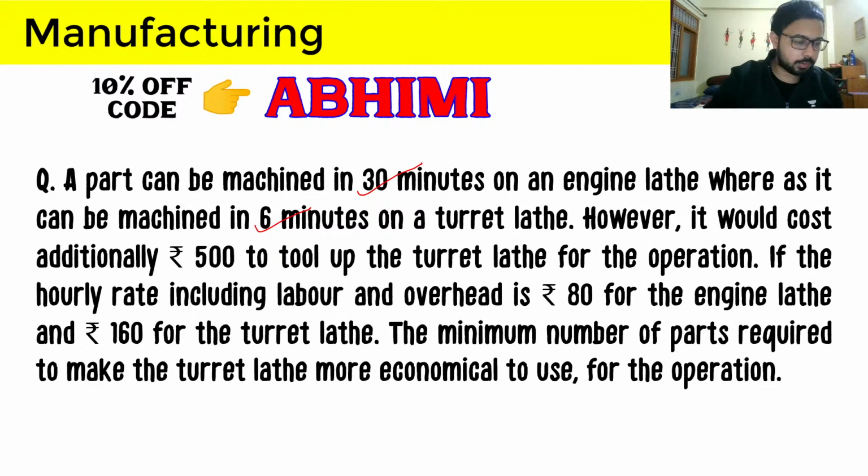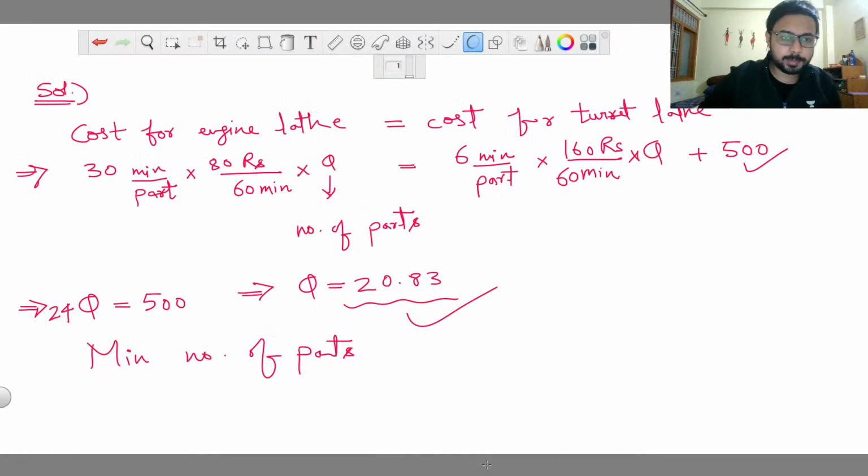Therefore we followed this approach: the cost when we are using the engine lathe and the cost for the turret lathe, we make these costs equal, so that below this point we will find the engine lathe to be more economical, and above it we will find the turret lathe to be more economical.